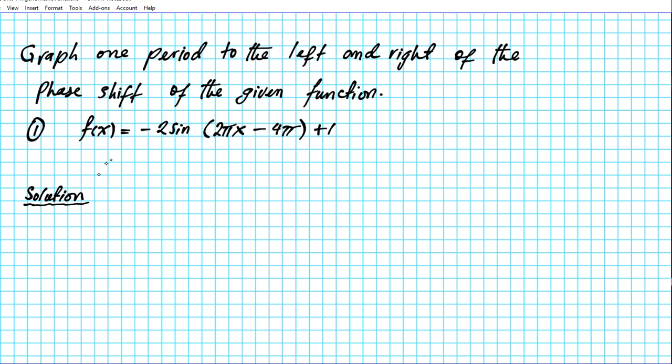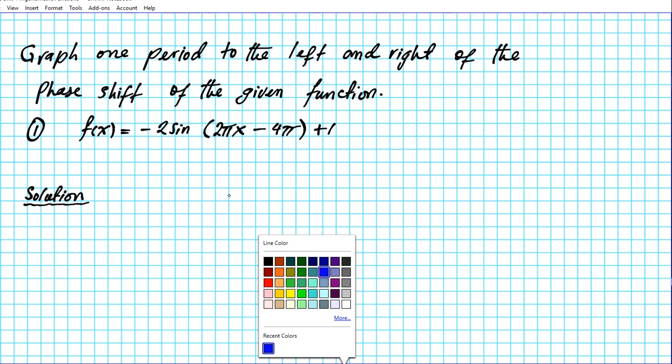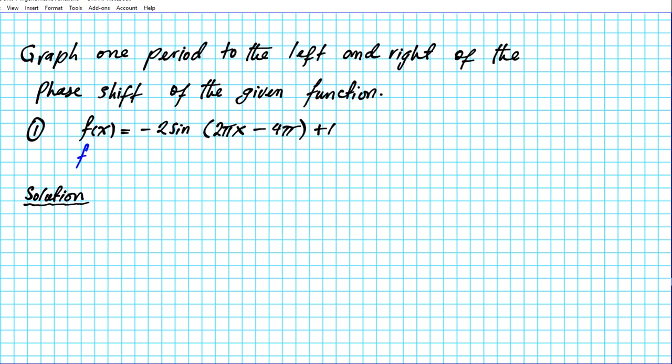Okay, so in order to determine the properties, we need to use A, B, C, and D. So to do that, we're going to write the general form for a transformed trig function. We'll place that underneath here. So we have f of x equals a sine of bx plus c, plus d.